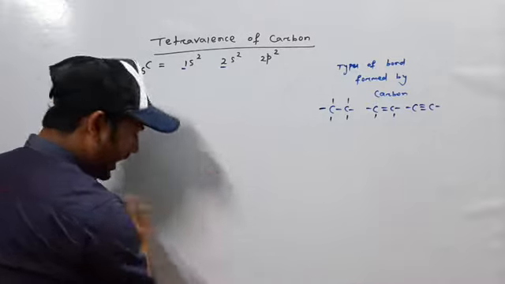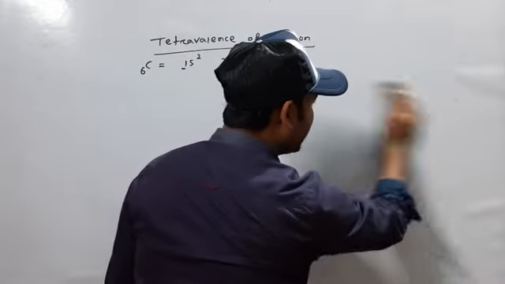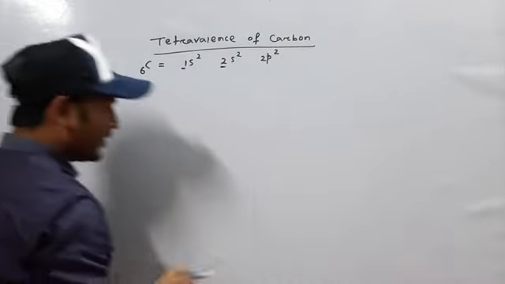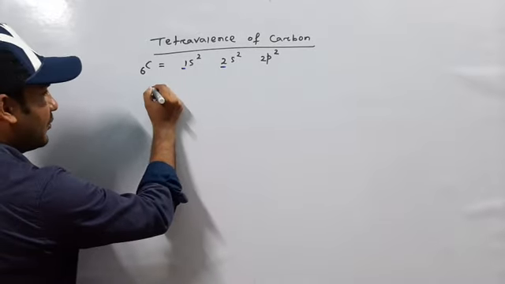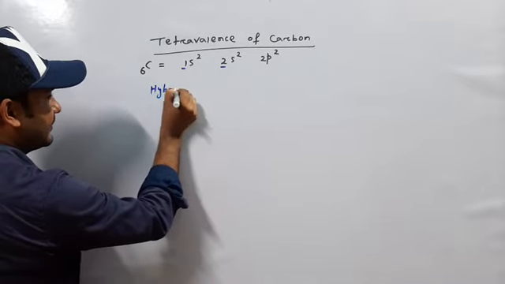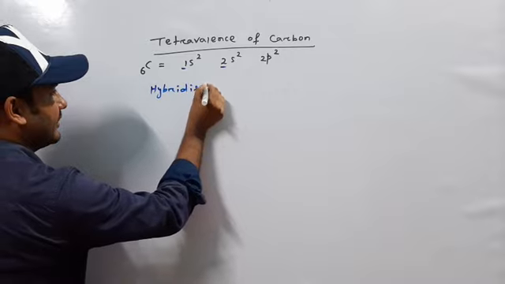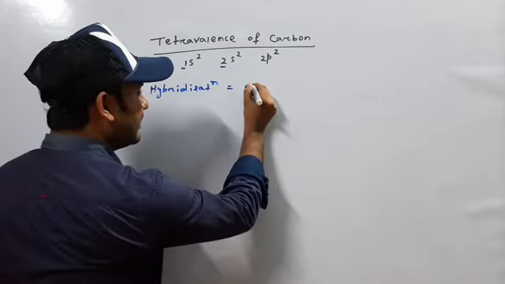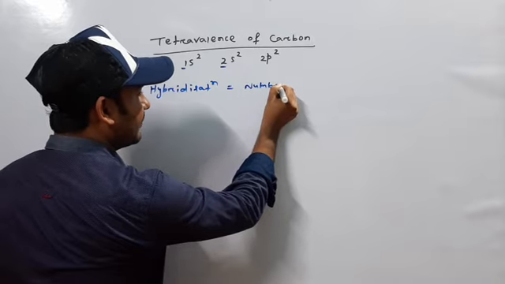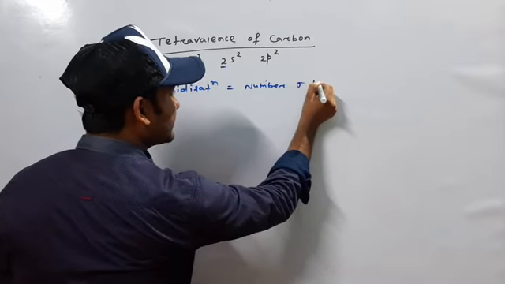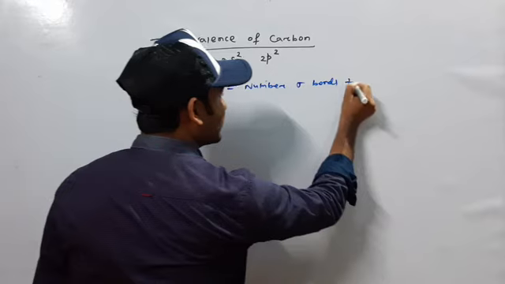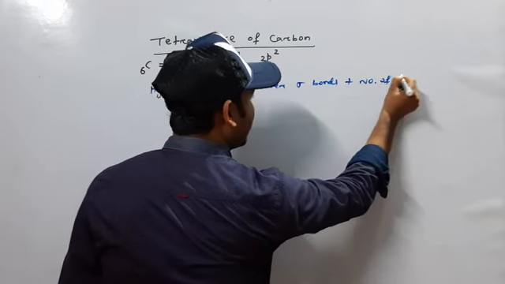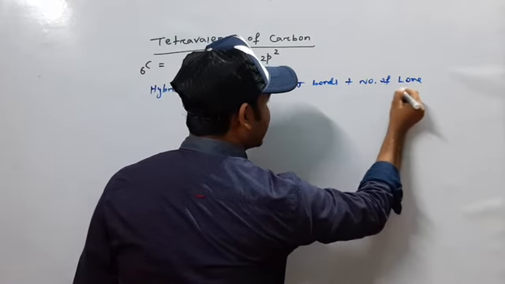Now, how can we determine the hybridization of a compound? Hybridization can be calculated by using the formula: number of sigma bonds plus number of lone pairs.